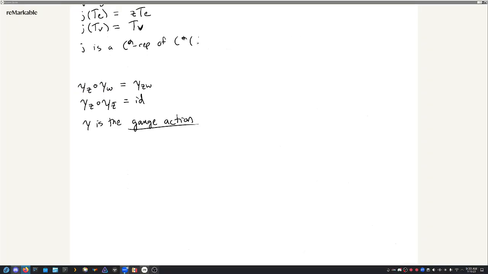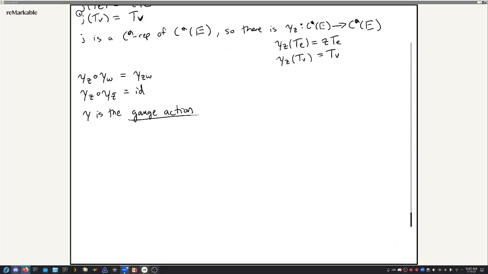And the gauge action gives us a tool for checking whether a representation of the graph C star algebra is faithful, called the gauge invariant uniqueness theorem.